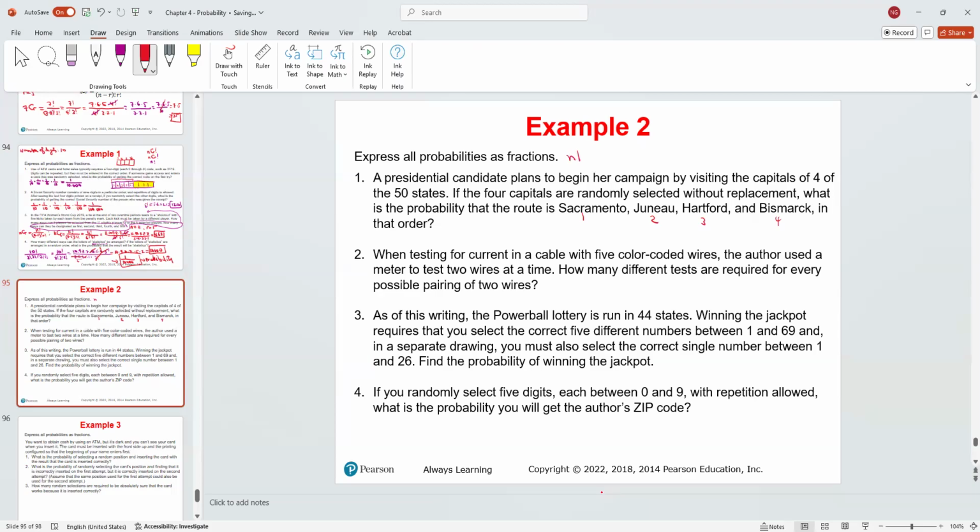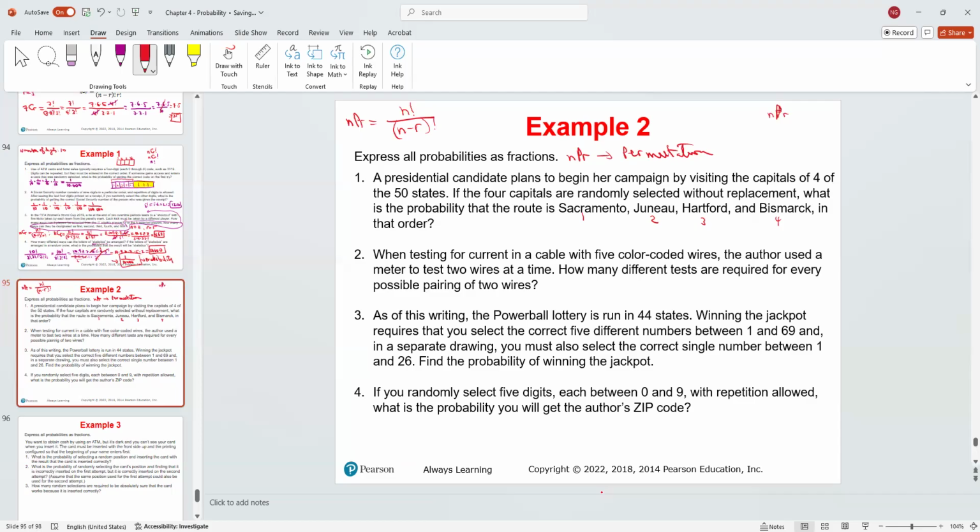In this case, you need to go with nPr, that's permutation. So this one must be permutation. Right? So if you do permutation, remember, nPr is n factorial over n minus r factorial. Or just go on your calculator and look for nPr in the probability menu.